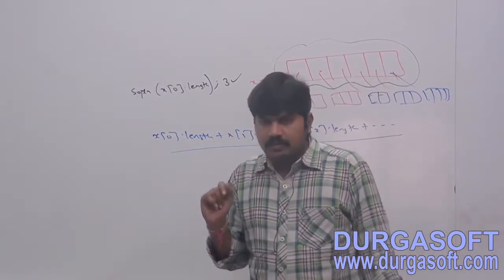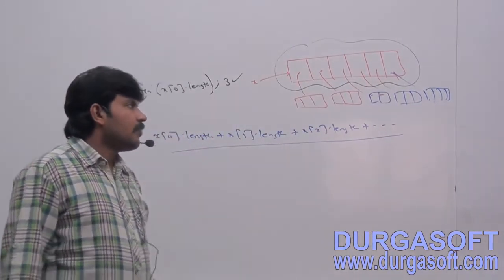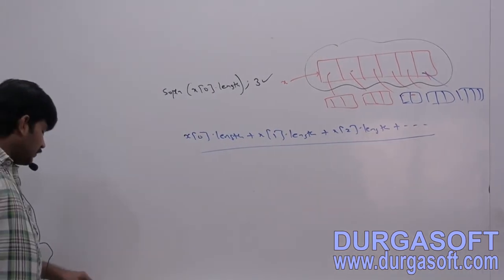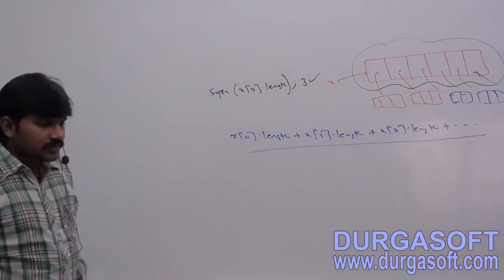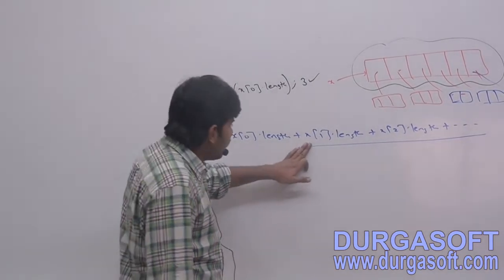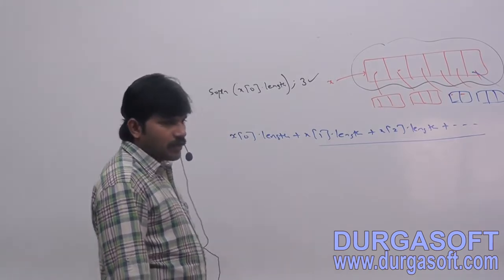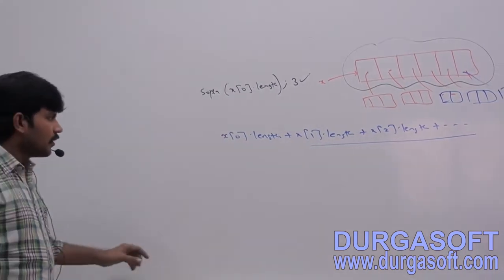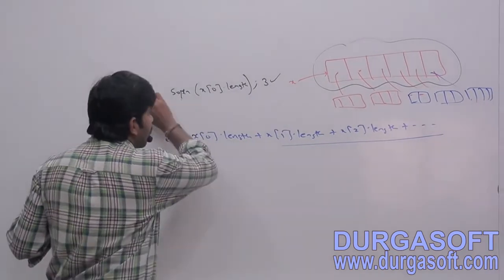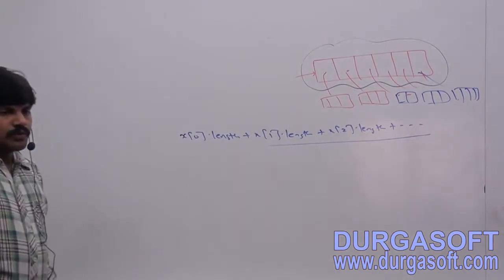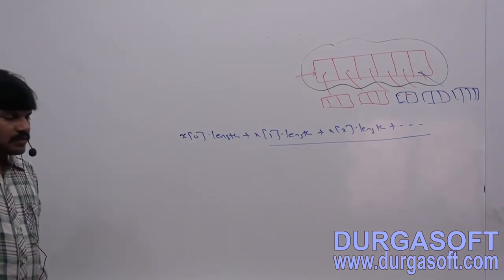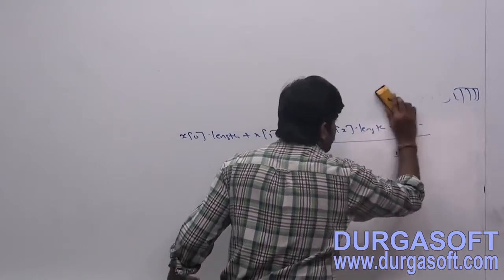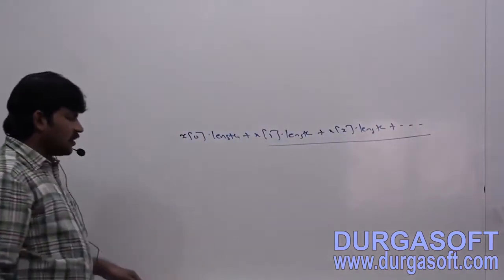But indirectly, we can find it as follows: x of 0 dot length plus x of 1 dot length plus x of 2 dot length plus and so on.